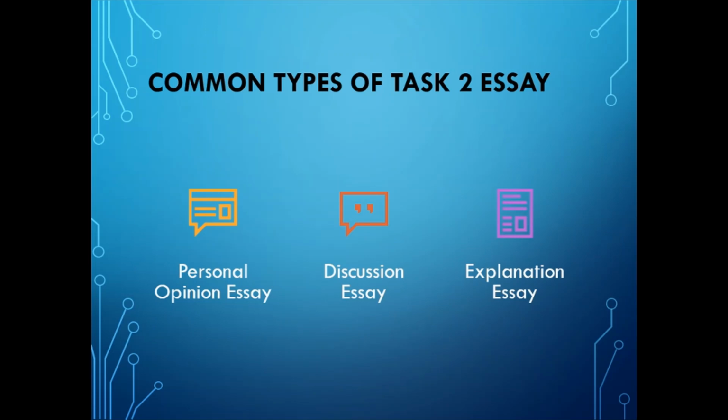They are going to follow the same structure, but the way that you're going to write them and what should be included in each type of essay has some kind of differences. So we're going to discuss that later on. Like, what is the difference between writing an opinion essay and writing a discussion essay? Or how is a discussion essay different from an explanation essay?